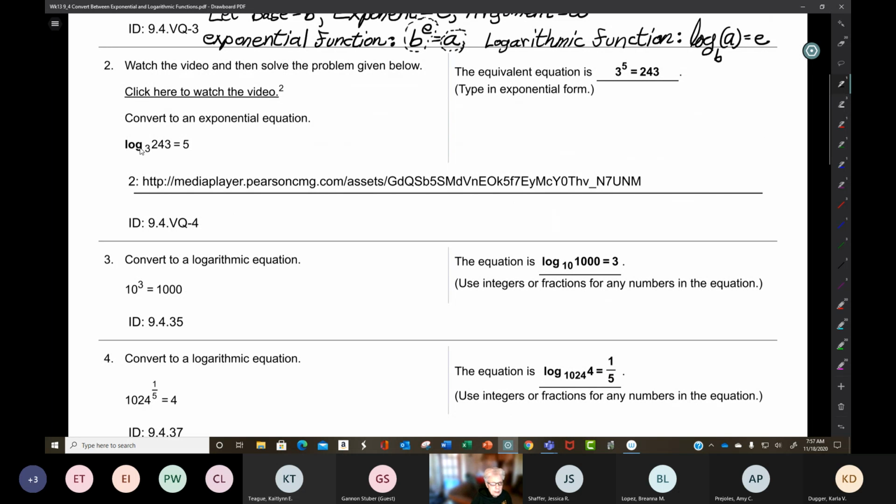All right, log. This is the base, this is the argument, this is the exponent. Now we're supposed to translate this to base, exponent, equals argument. Okay, that means the 3 is going to go here.